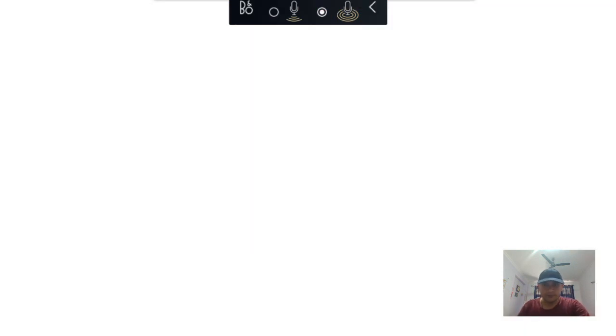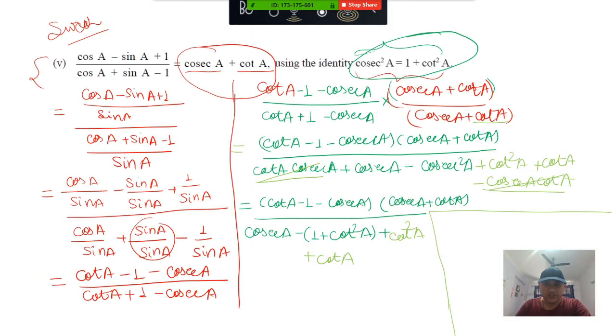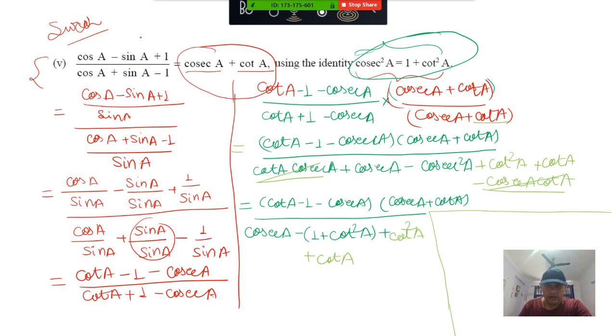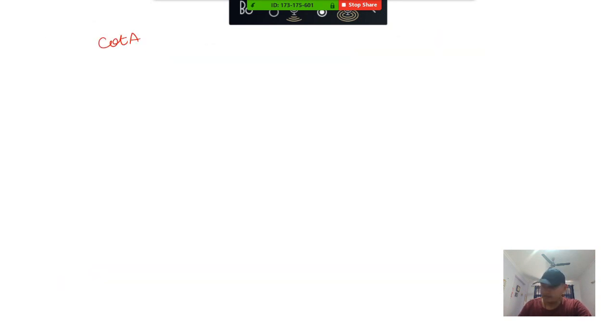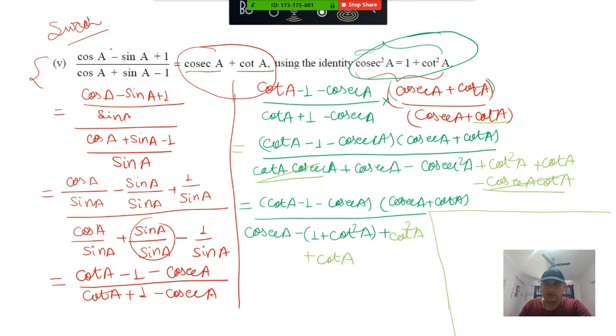Now I have one more page. So now we have cot A minus 1 minus cosec A, and the multiplier was cosec A plus cot A, correct?